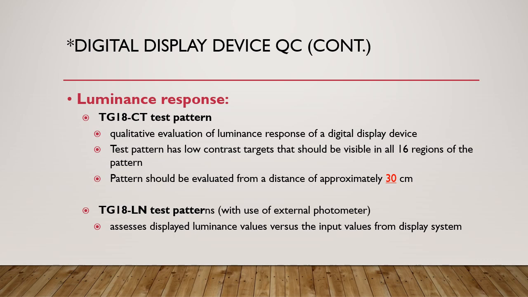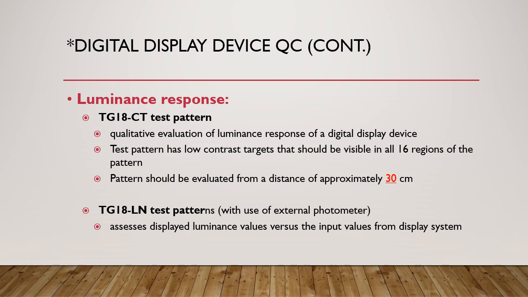There are two tests that can be used for luminance response, and that's the TG18CT test pattern. This is a qualitative evaluation of luminance response of a digital display device. The test pattern has low contrast targets that should be visible in all 16 regions of the pattern. The pattern should be evaluated from a distance of approximately 30 centimeters.